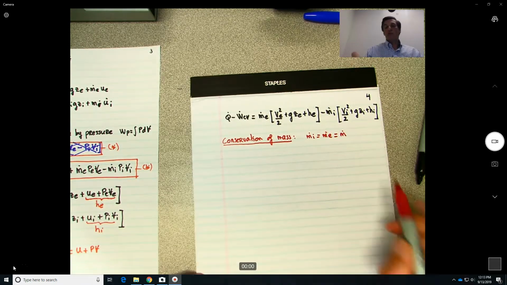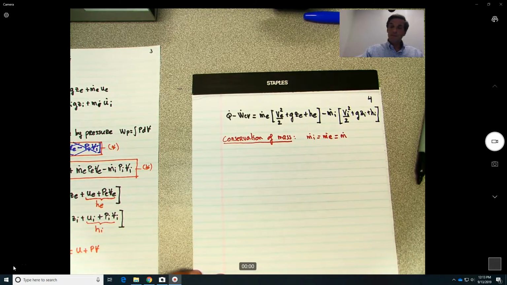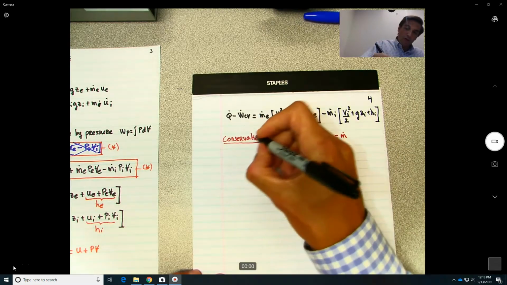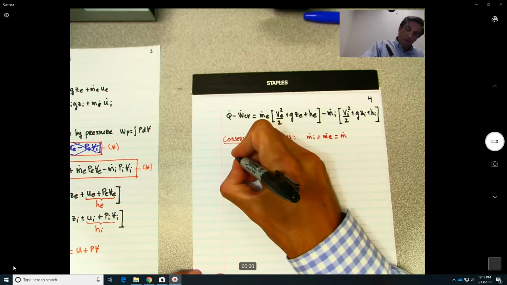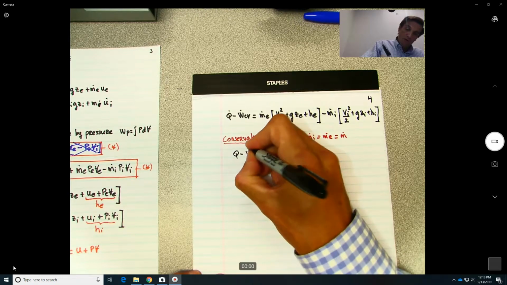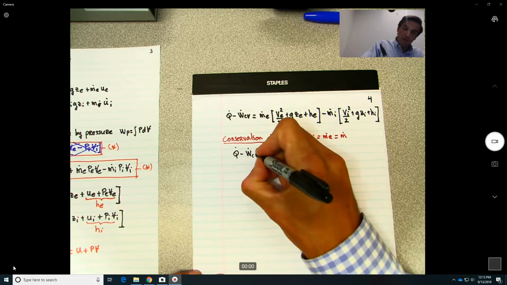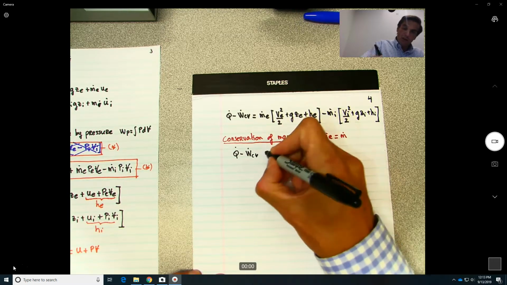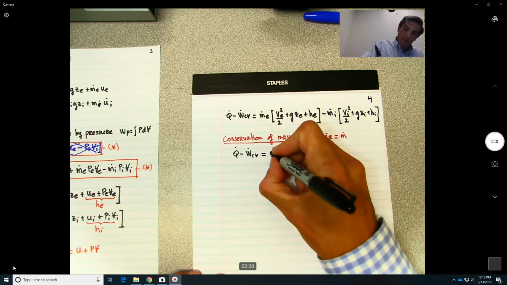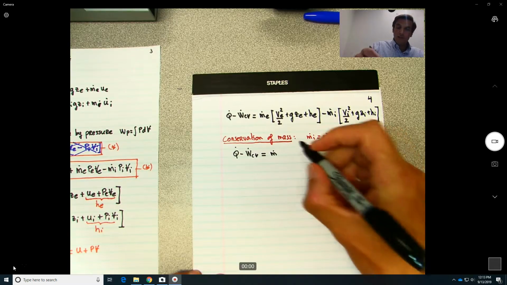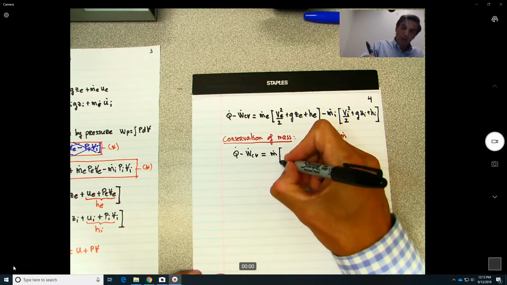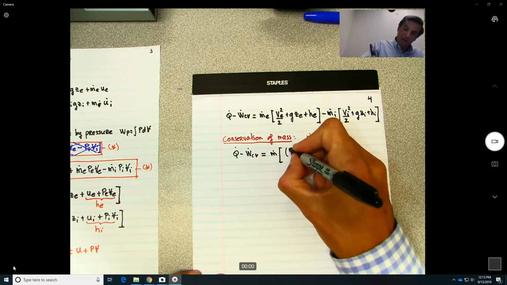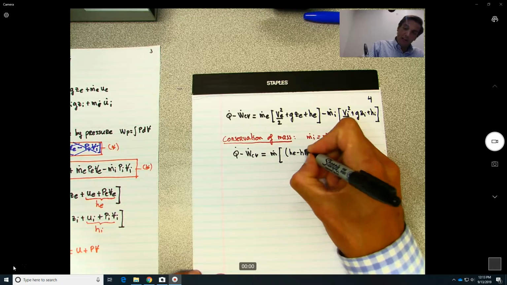And we can just call both of them by m dot. So in the above equation we have Q, so heat transfer minus power will be equal to m dot, and now we can couple them, so it will be the change in enthalpy.